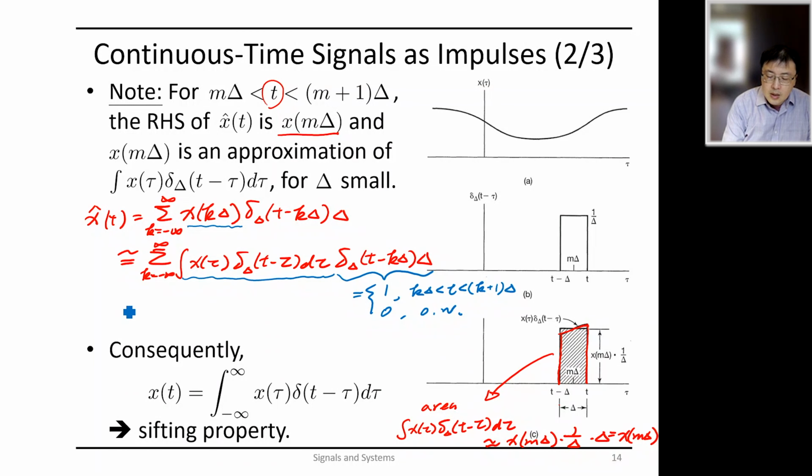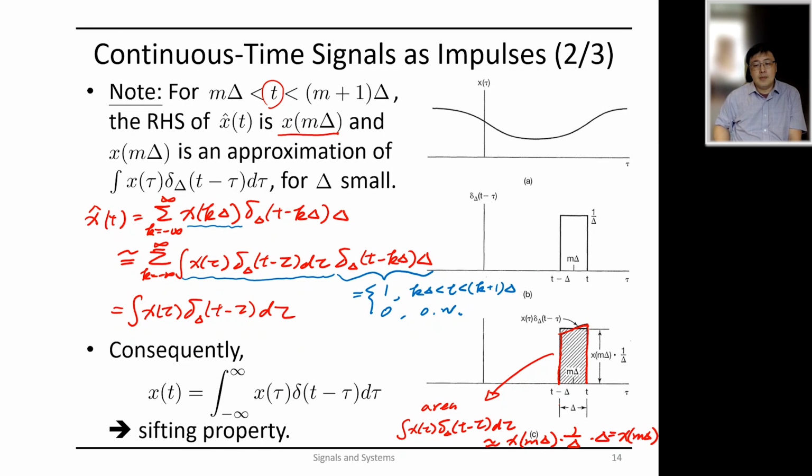So eventually this gives you just this integral of x of tau delta of t minus tau d tau.